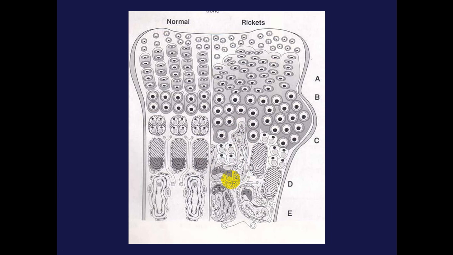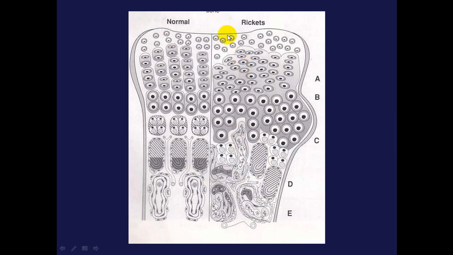And as you know, bone matrix needs calcium and phosphorus, and calcium and phosphorus are determined by the function of vitamin D. No vitamin D, no calcium, no phosphorus, so mineralization cannot be formed well. Therefore there will be irregularity in the formation of bone matrix.